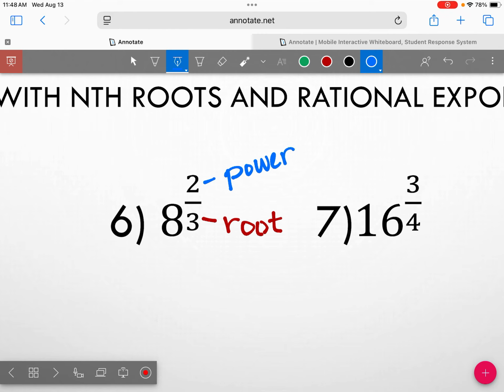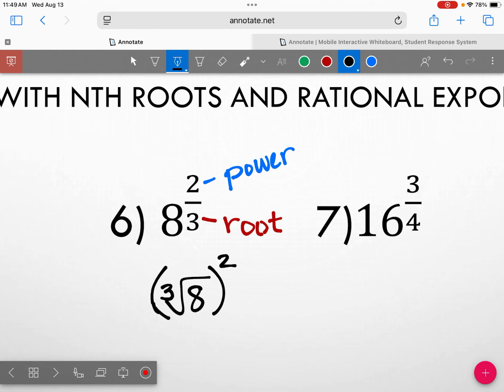So a fraction for your exponent is asking you to do 2 things to the base. The first thing I'm going to do is take the cube root of 8, and then whatever I get, I'm going to square it. So cube root of 8 means what number can I multiply against itself 3 times to get to 8? 2.